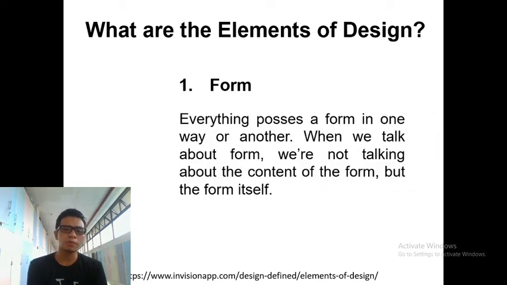When you talk about form, everything possesses a form in one way or another. When we talk about form, we are not talking about the content, but the form itself. If you pick up a rock, that's already a form. Later on we'll discuss different types of forms.